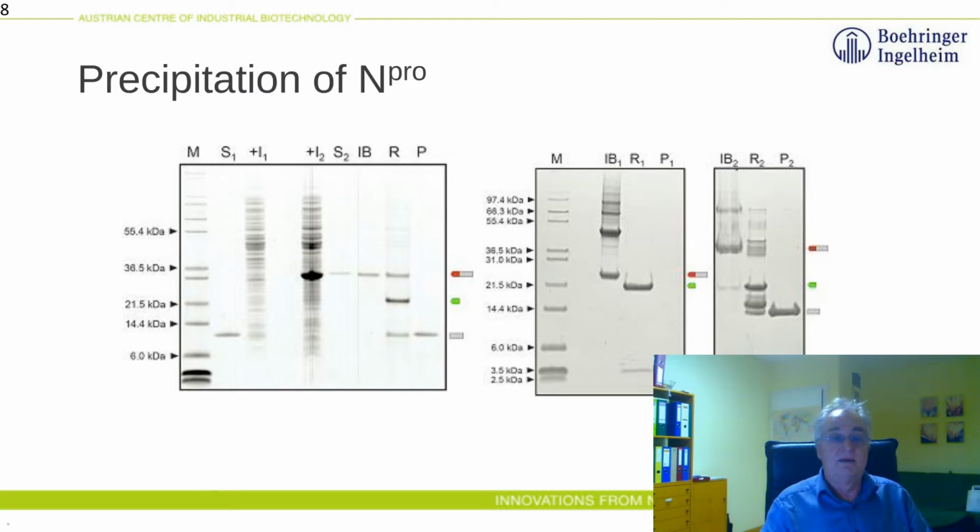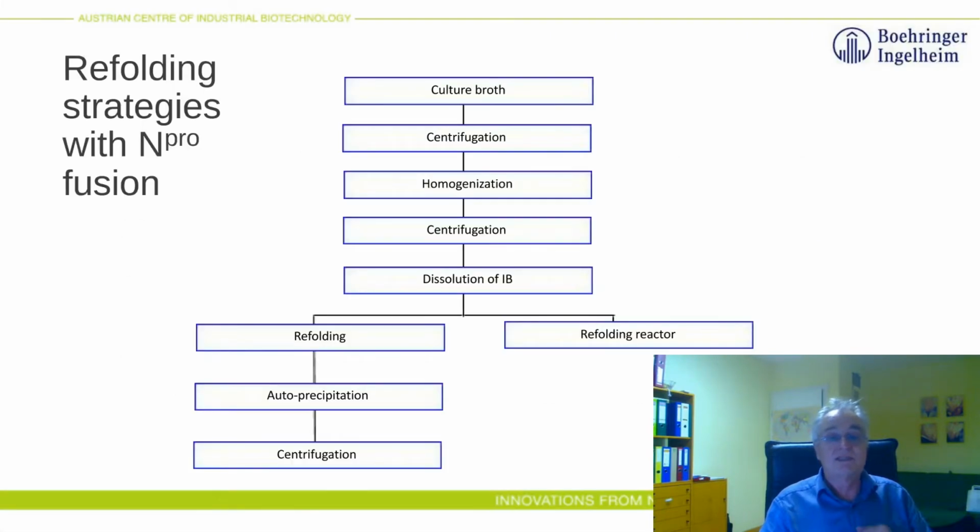Then here you see some of these refolding strategies and production strategies: the culture process, the centrifugation, the homogenization, the centrifugation. Then we would have the dissolution of the inclusion bodies into either urea or guanidine hydrochloride.